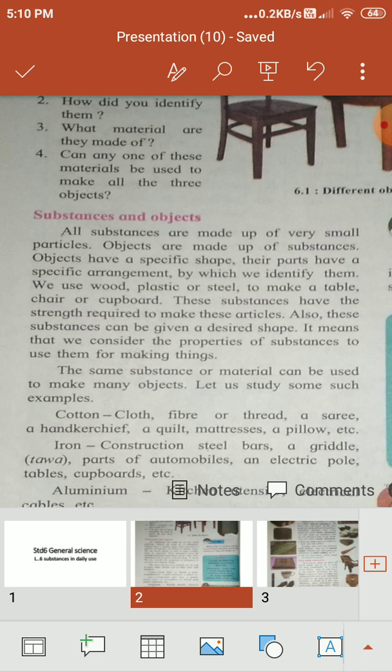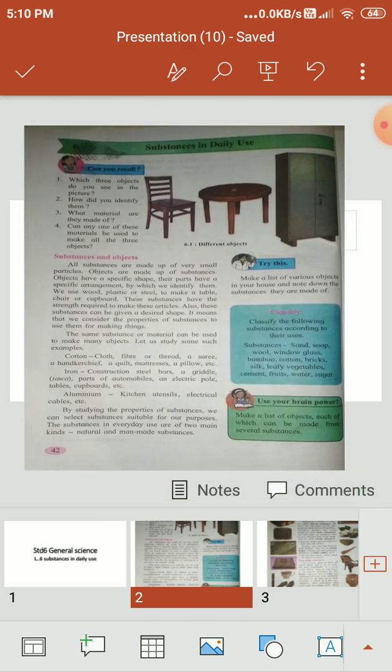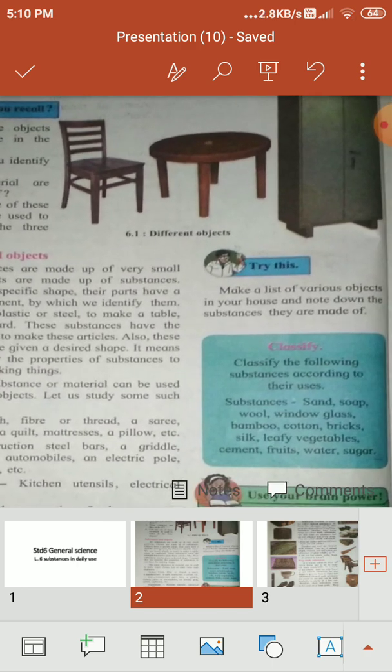Objects are made according to the properties of the substances that are used in making them. Properties of substances means they have special properties, just like iron has malleability and ductility, and wood is very strong. According to their properties, they are used in making these objects.